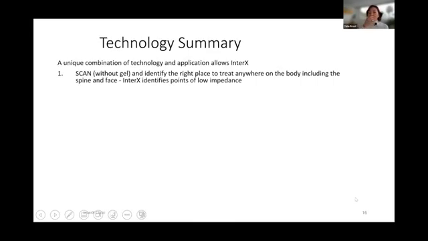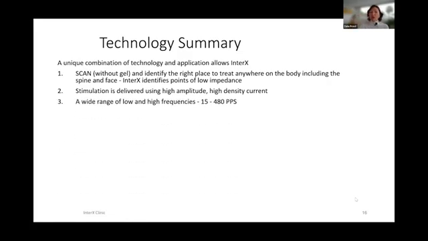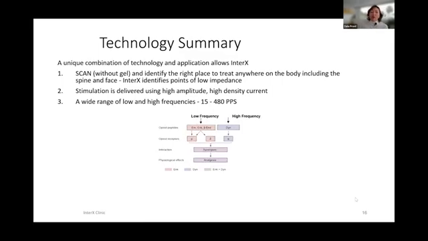So in summary, we can scan, we can stimulate with high density current, and we can create a better pain relief because, as therapists, we can induce different frequencies, yes? We can group those pulses from 15 pulses per second up to 480.